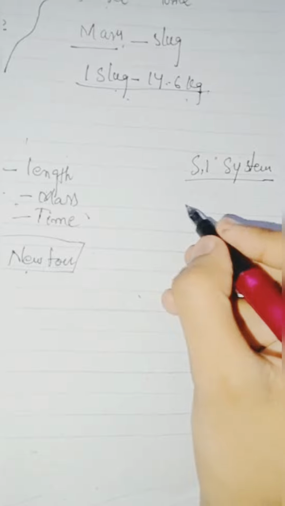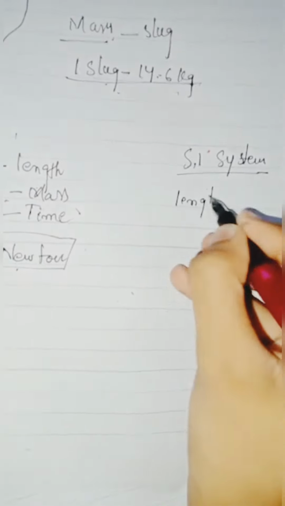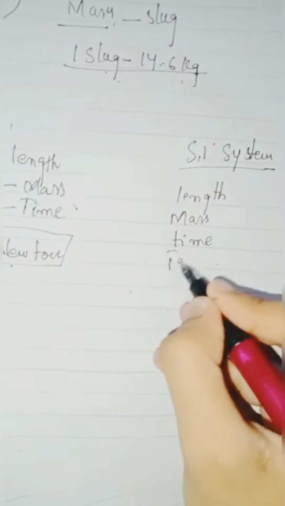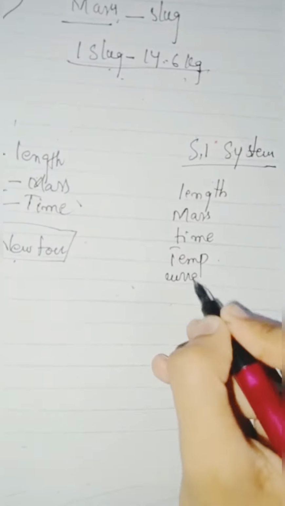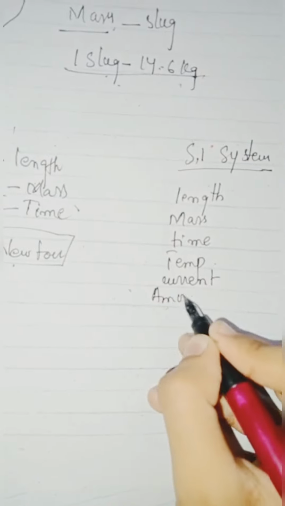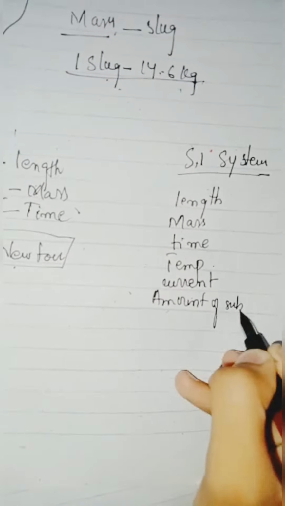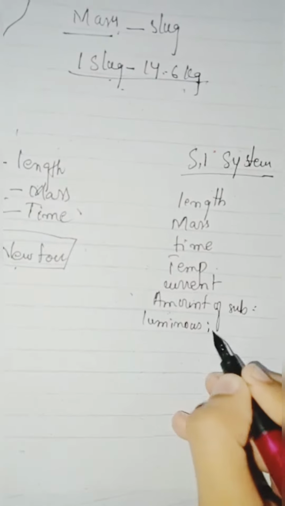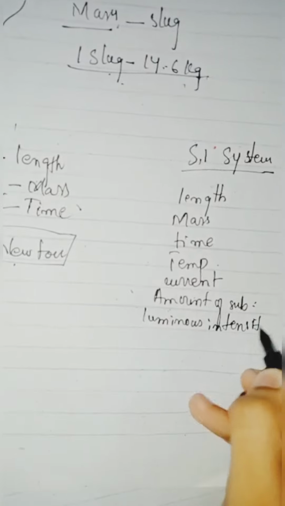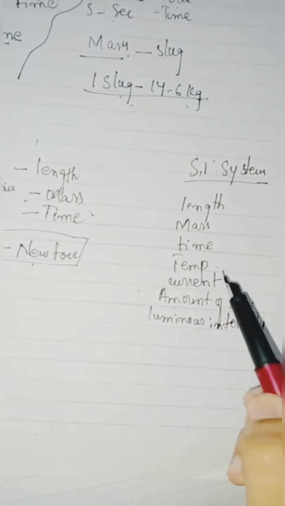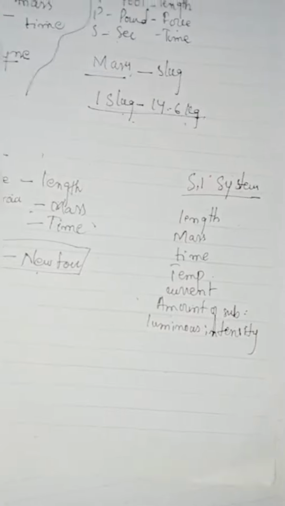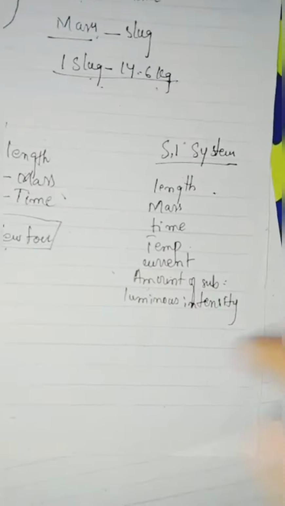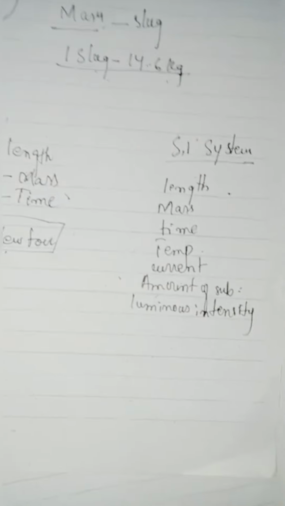Then we have SI system. We have seven fundamental quantities: length, mass, time, temperature, current, amount of substance, and luminous intensity. Rest, like force and speed, are derived quantities in SI system.